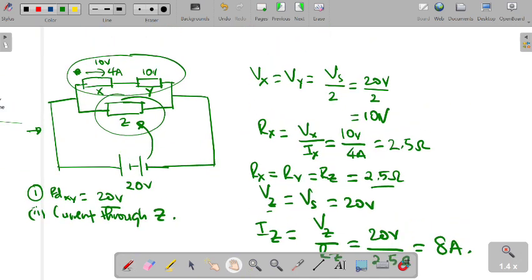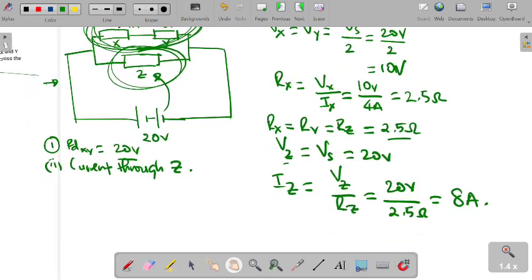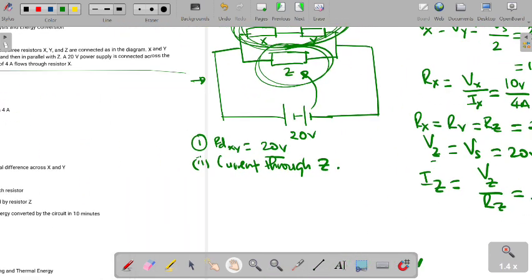What you're seeing here is that since the resistance on this branch is double, the current on the other branch will be double. Why? Because this branch has more resistance, by a factor of 2, that's why there will be a doubling on the other branch.